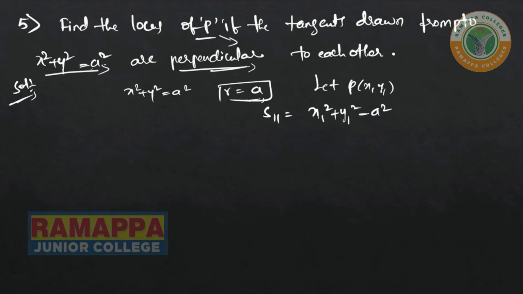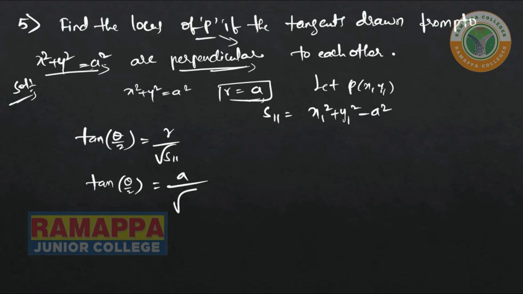Now here tan theta by 2 is equal to r by under root of S11. So tan theta by 2 is equal to a divided by under root of x1 square plus y1 square minus a square. Here it says the tangents are perpendicular.